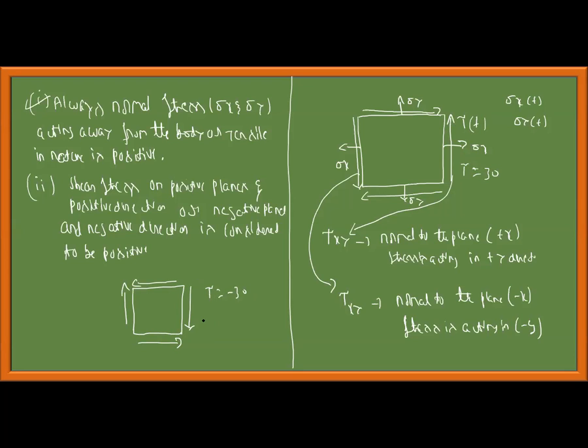Because you can see normal to the plane is in positive x direction, tau xy, if I write. Normal is in positive x direction, but the stress is acting in negative y direction. Hence, this stress is negative. Similarly, normal to the plane is negative x direction, but the stress is acting in positive y direction. This is negative.